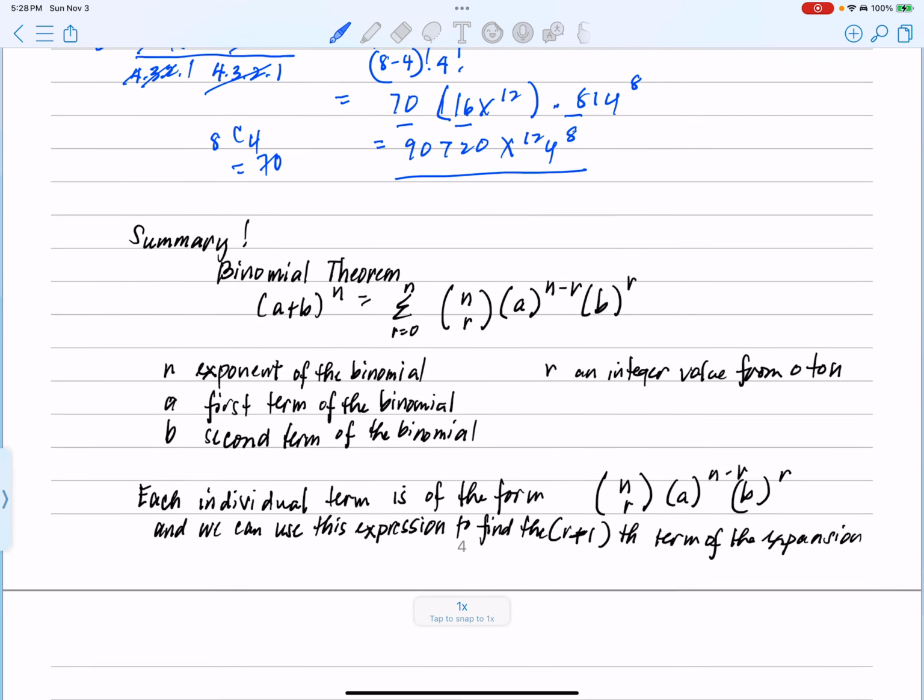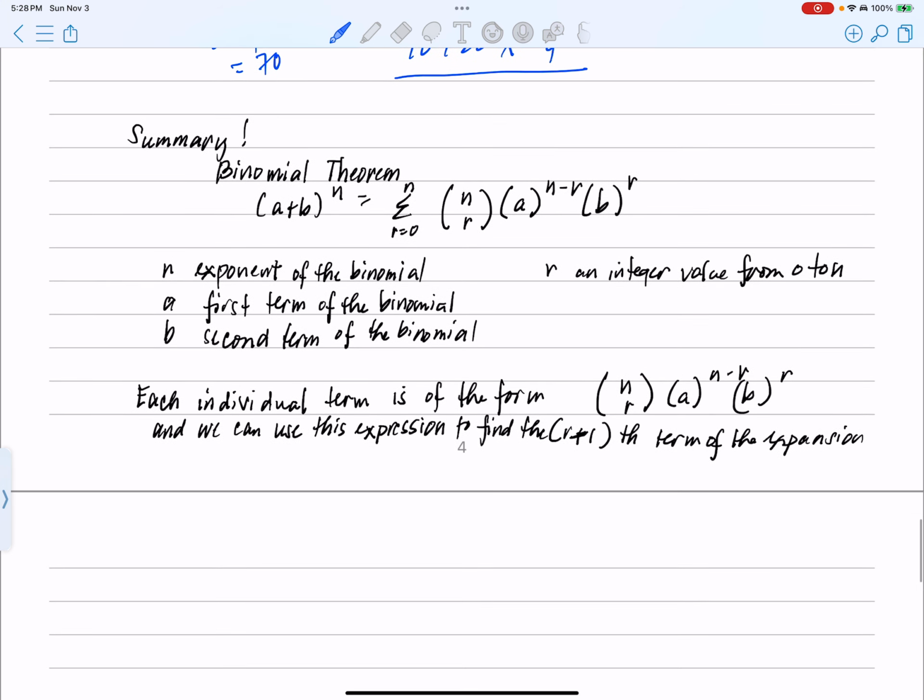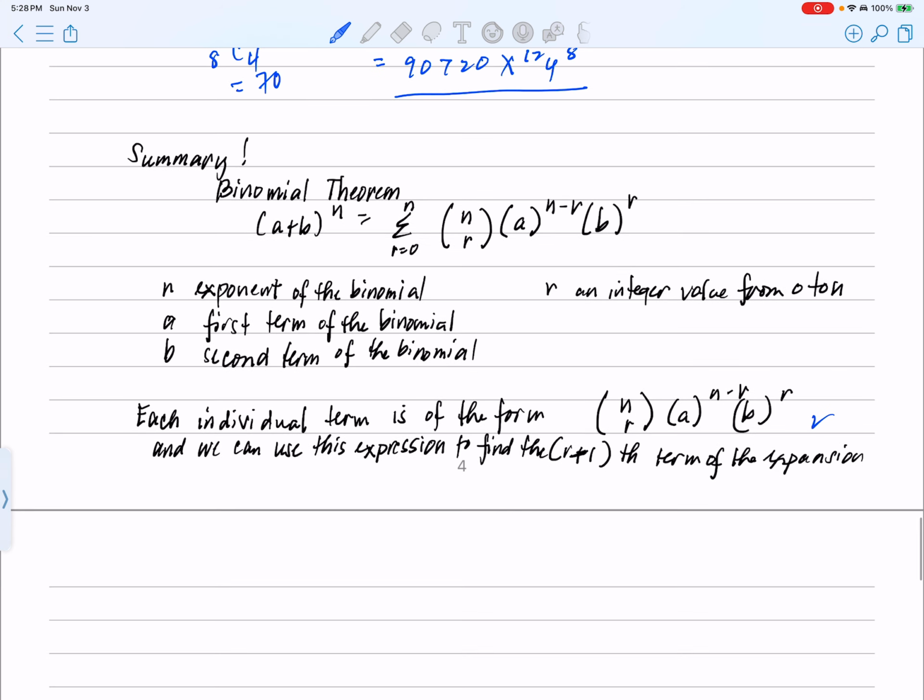So each individual term would be in the form of n choose r, a to the power of n minus r, b to the r. And we can use this expression to find the r plus 1 term of the expansion. So we're going to have more on this in the problems and solutions in my next video.